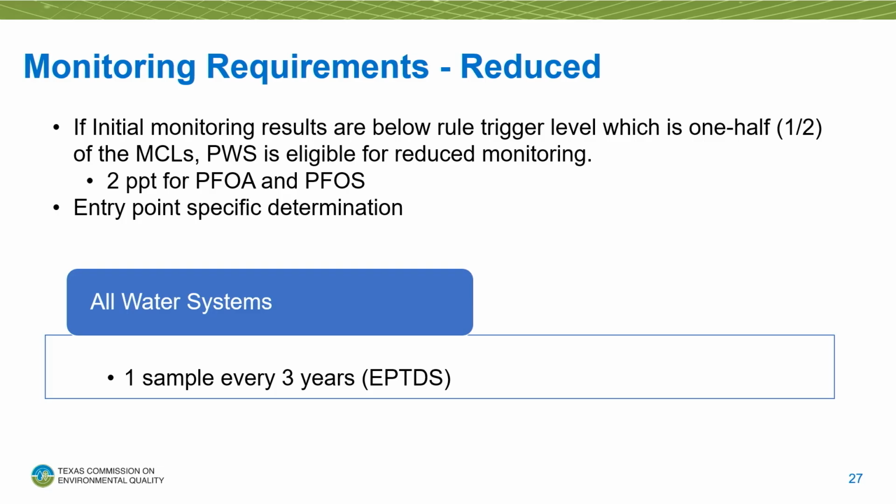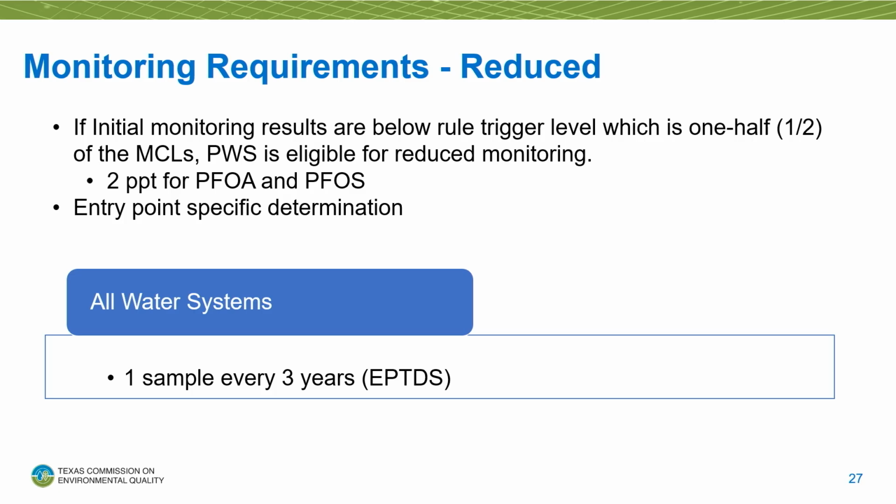So after you've completed your initial monitoring data, you could be eligible for reduced monitoring. To meet that, at each entry point, those initial samples would have to be below the trigger level, which is, again, 1/2 of the MCL, so 2 parts per trillion for PFOA or PFOS.